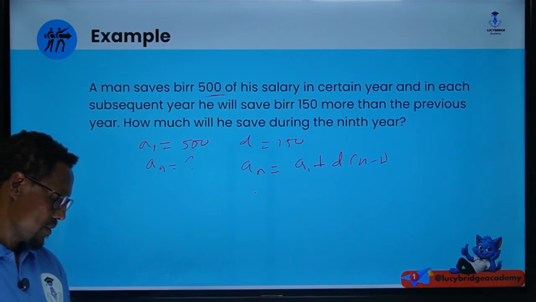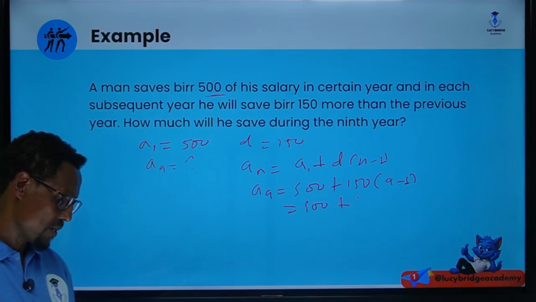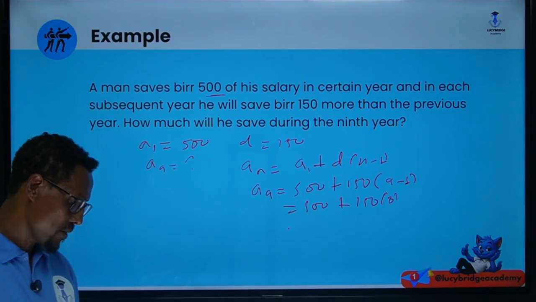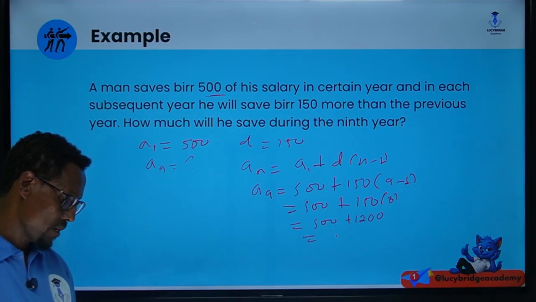Yes, so a9 is equal to a1, which is 500, plus d, the common difference, which is 150, times (n minus 1), n is 9, minus 1, which means 500 plus 8 times 150, which is equal to 500 plus... 8 times 15, 120, we have 1200, which means 1700.